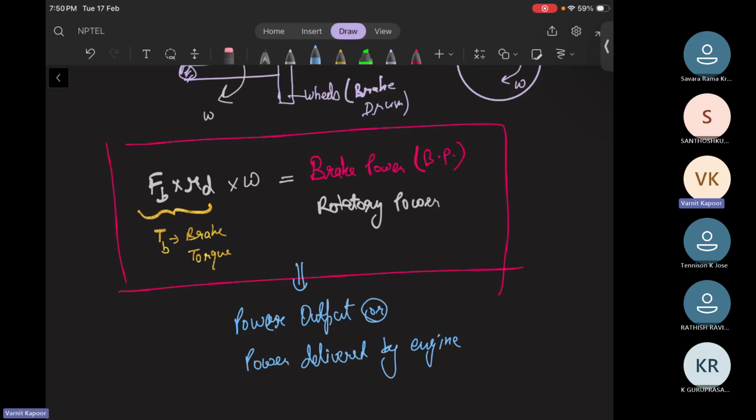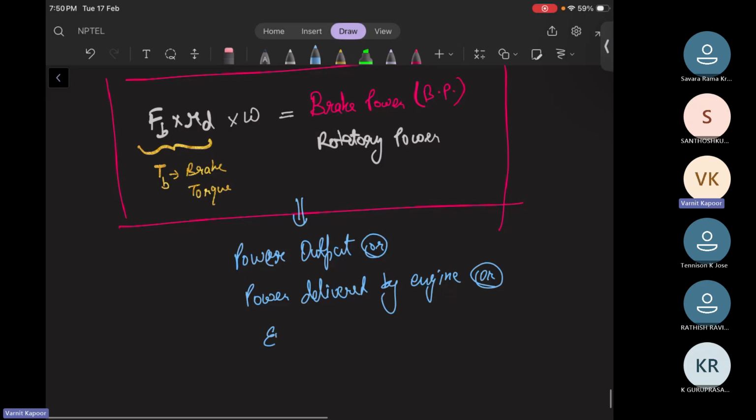Or it is also called engine output. So whenever you see these terms, these are the same. Power output, power delivered by engine, or engine output are the same.